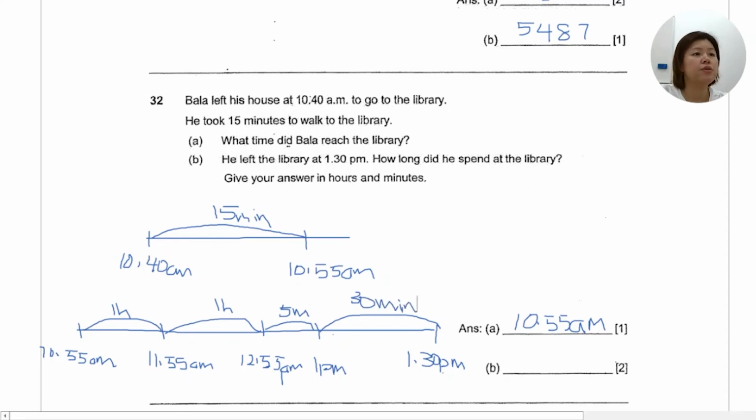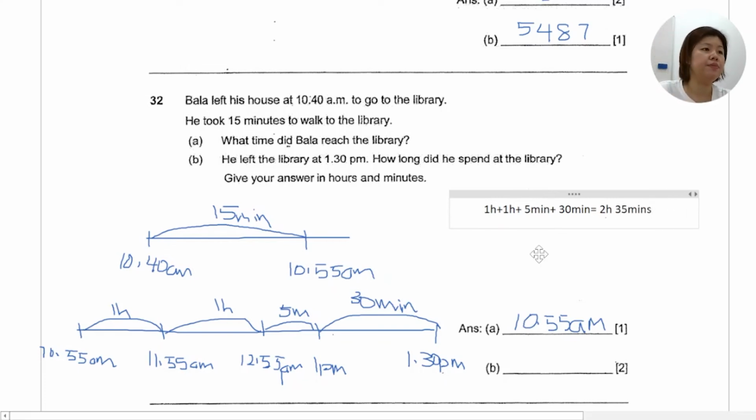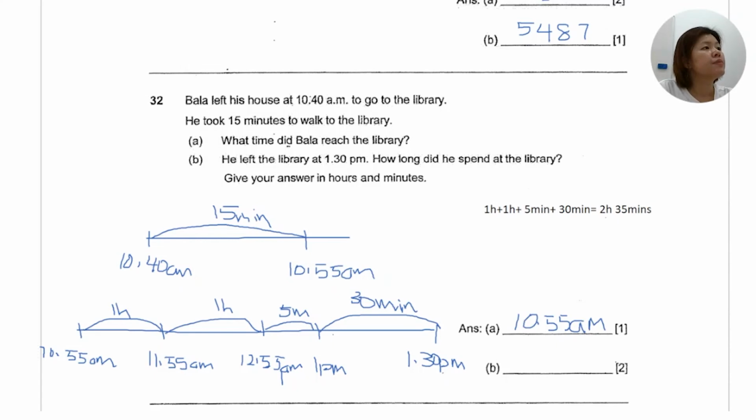Okay, so the total will be 1 hour plus 1 hour plus 5 minutes plus 30 minutes equals 2 hours and 35 minutes. 2 hours, 35 minutes.